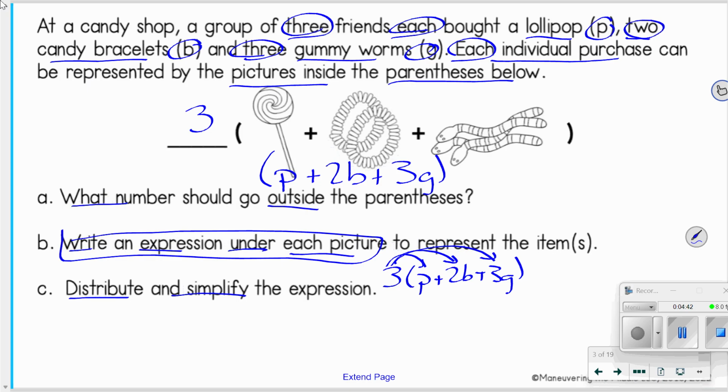So that means I now have 3P plus 6B plus 9G. Now, is that in simplest form? Yes. The only thing I would do, because I do kind of like to try to do them in order, so I would rearrange it.